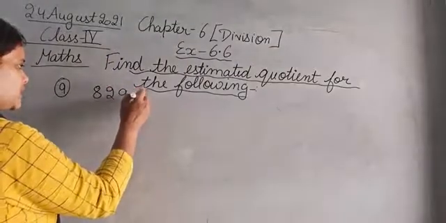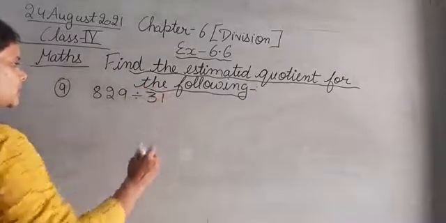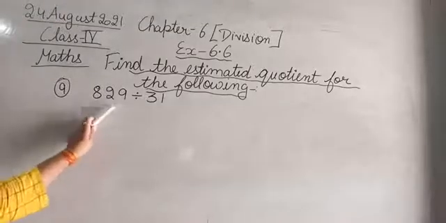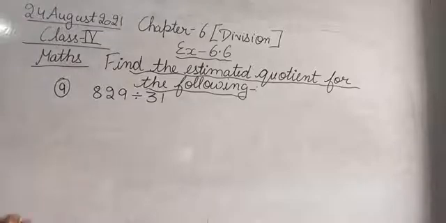829 divided by 31. So first of all we are going to round it off. First we will round off the dividend, then we will round off the divisor.